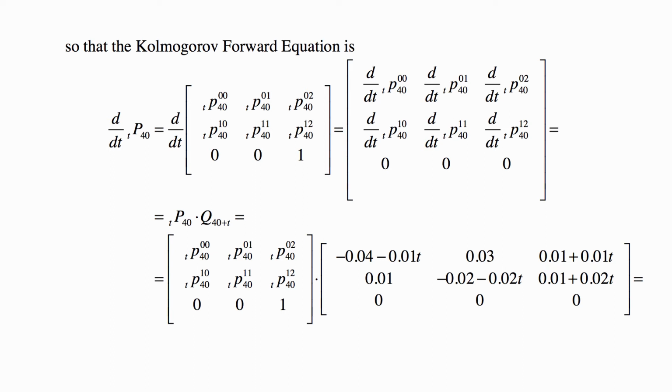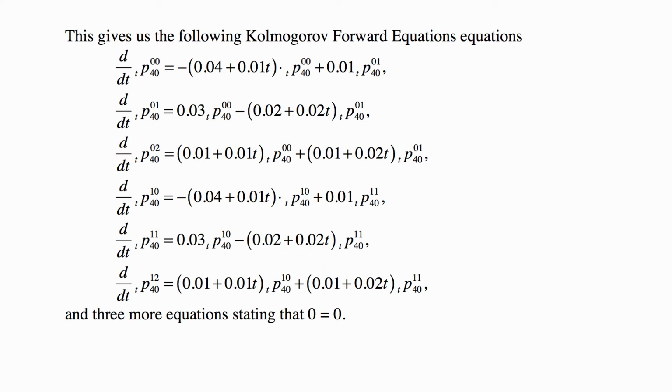The derivative of the transition matrix is just the matrix of derivatives. The bottom line has constants, so all the derivatives are 0. So there are only 6 non-zero terms there. And when we multiply them out, it gets to be a little bit of work, but it's not so much. So we need to multiply out these two matrices. And this is what we get.